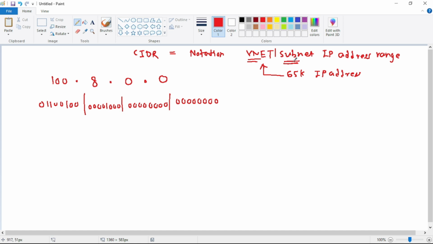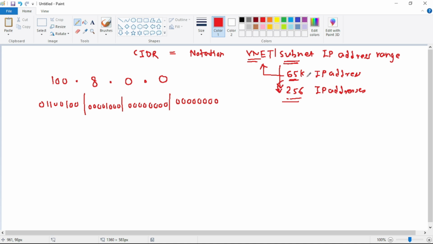So you can say that a subnet within this VNET, for this subnet I require 256 IP addresses. So basically these 256 IP addresses will be part of these 65k IP addresses only. That means from this 65k IP address range we are using only these 256 IP addresses.